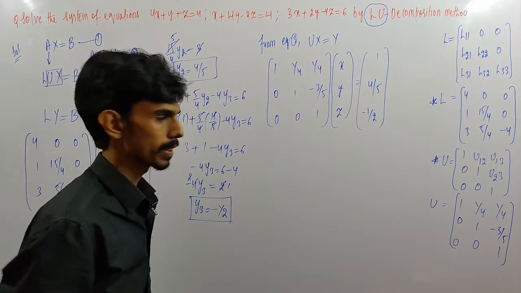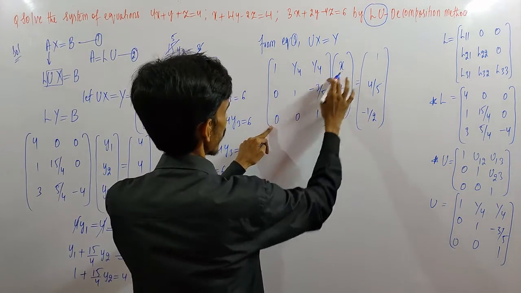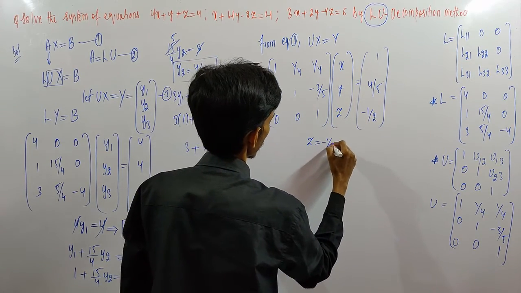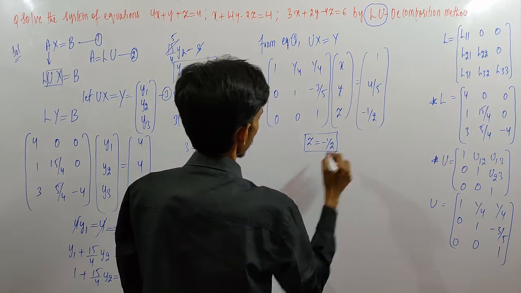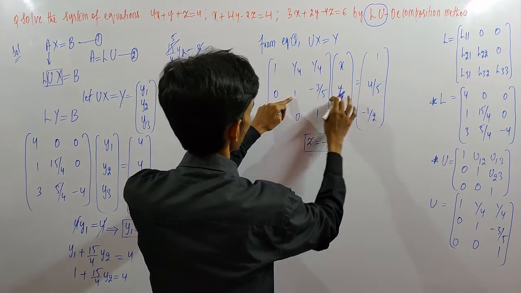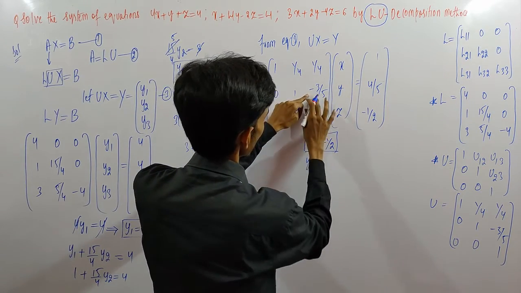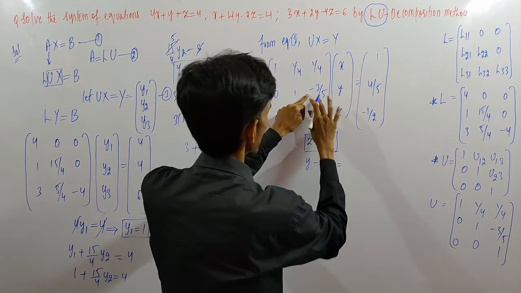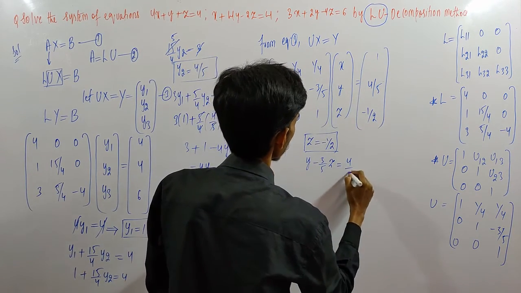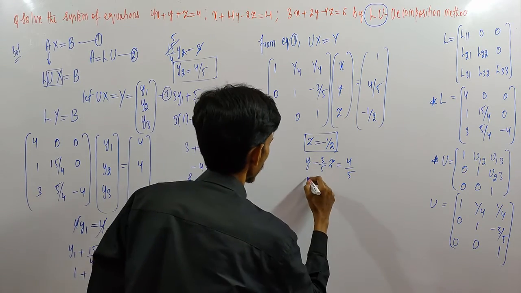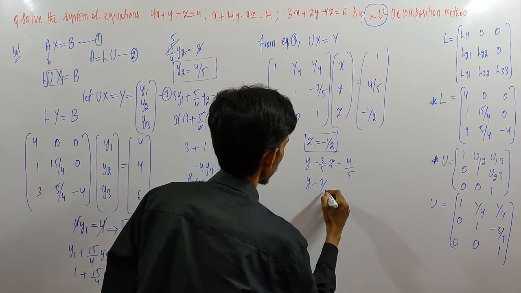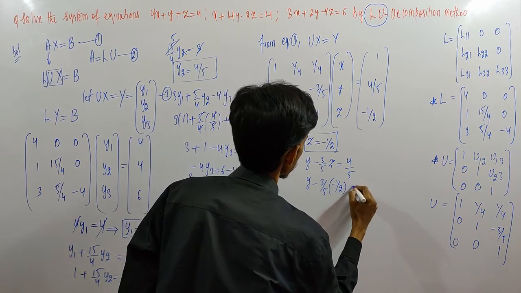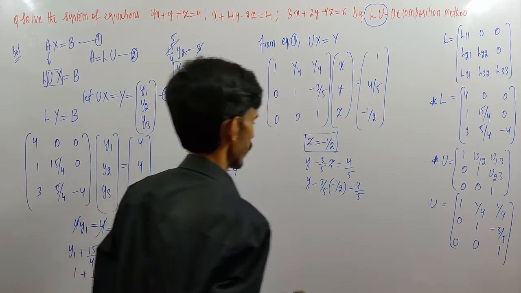Now by backward substitution we have 0x, 0y, 1z equals minus 1 by 2. Next 0x, 1y minus 3 by 5 z equals 4 by 5. So y minus 3 by 5 into z, with z value minus 1 by 2, equals 4 by 5.